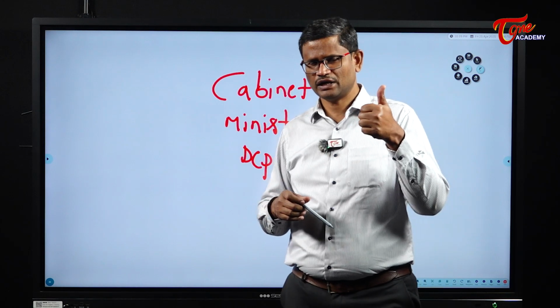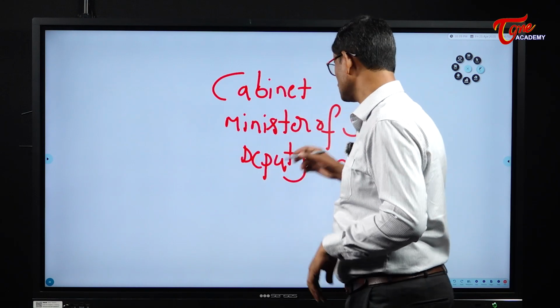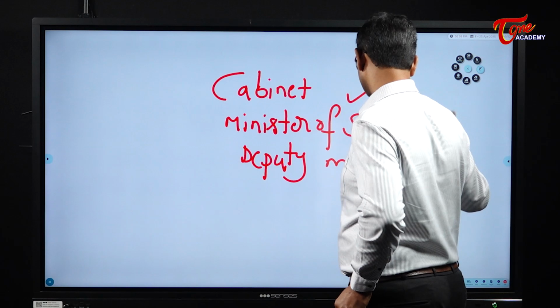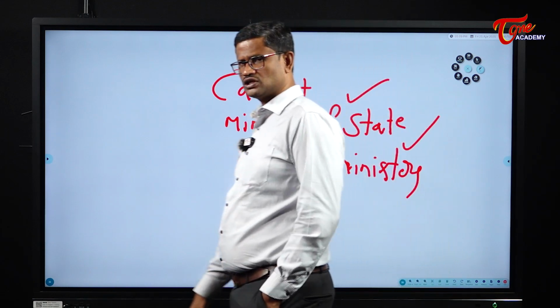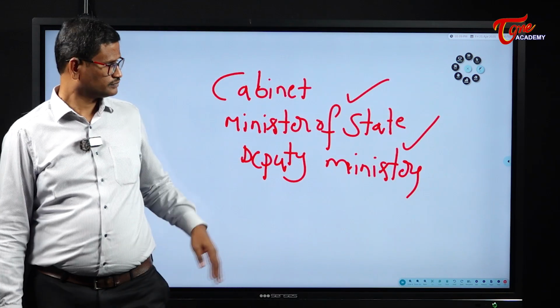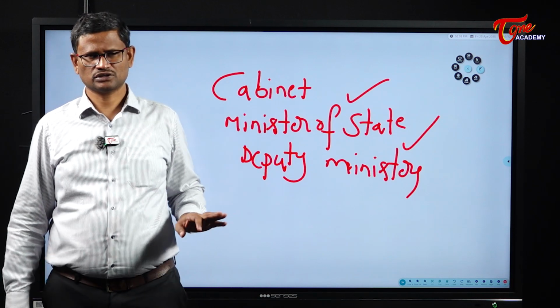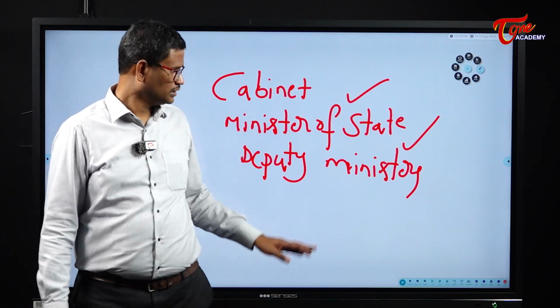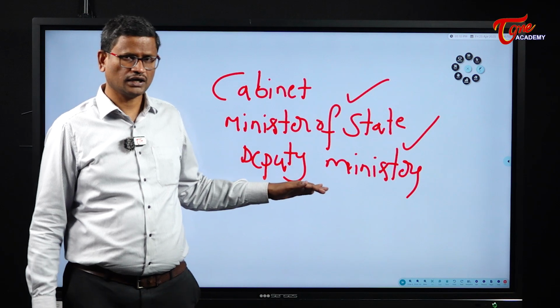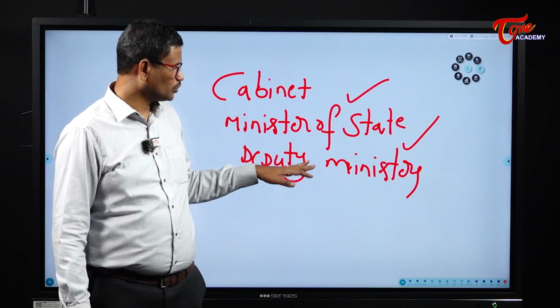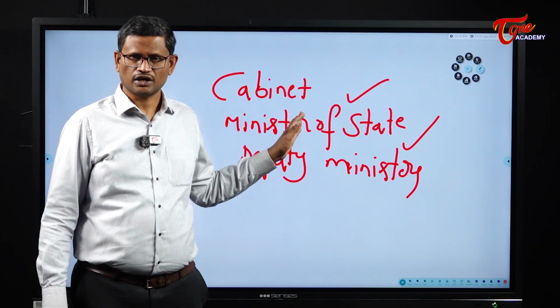So we have the word Cabinet and also the Council of Ministers, but we don't see the Minister of State and a Deputy Minister. A Minister of State is one of the ministers who work under the Cabinet Minister in charge of one or more departments. And the Deputy Ministers are again the ministers who assist the Cabinet Minister in his work.